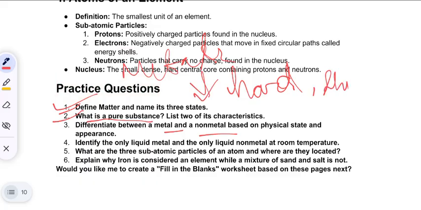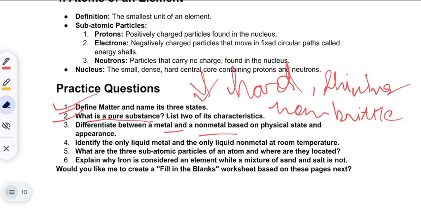They are shining and non-brittle. These are the properties of metals.